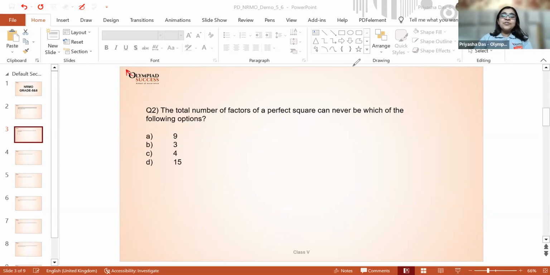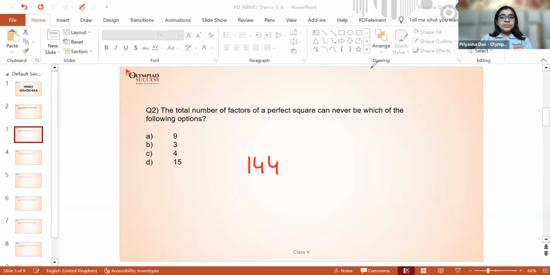So coming down to 15, I believe that if we talk about 144, can you people tell me the factors of 144 quickly in the chat? This I leave up to you. 144 factors. Yes.